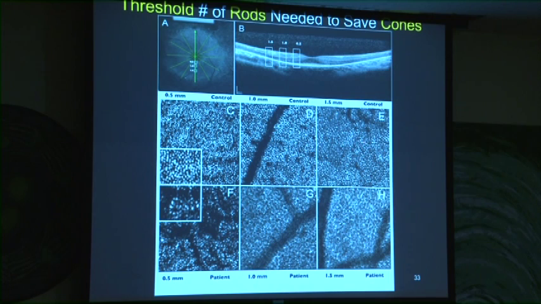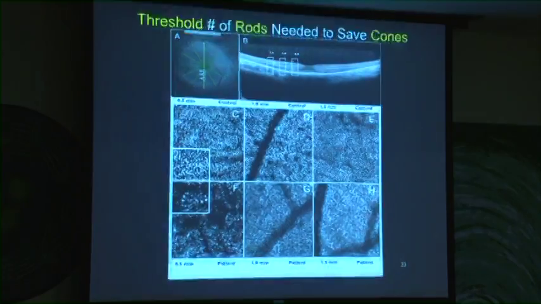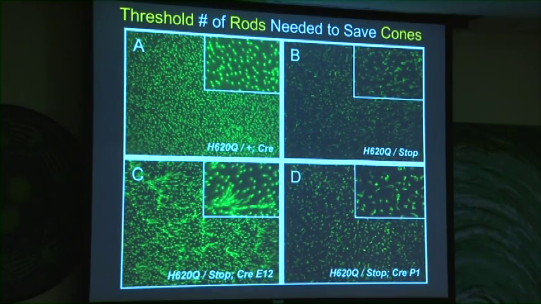At this stage, even though this patient C2020 looks almost normal by OCT, the cones already look funny. So almost at this stage it looks like the mouse picture on the peanut stain.